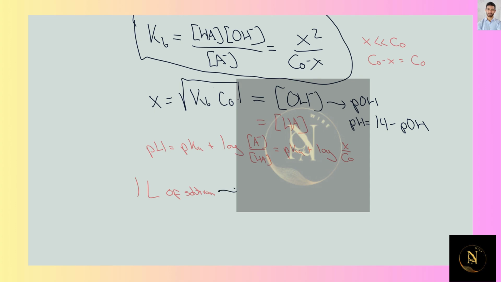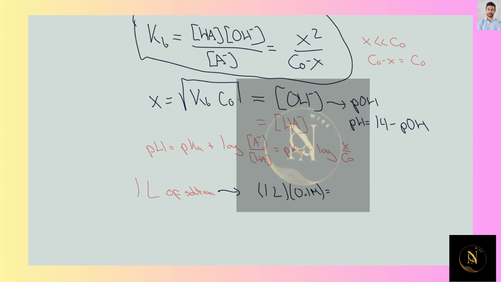So this liter of solution, since we're going to have a 1-to-1 correspondence between the weak acid and the strong base that we're going to employ, the amount of moles is going to be 1 liter of solution times my concentration of my weak acid.